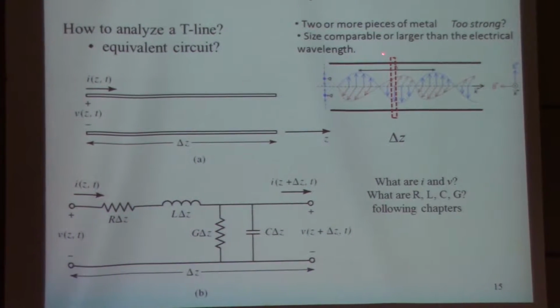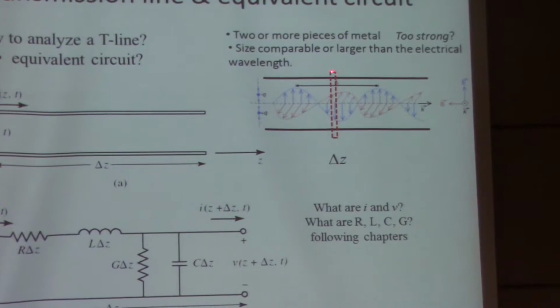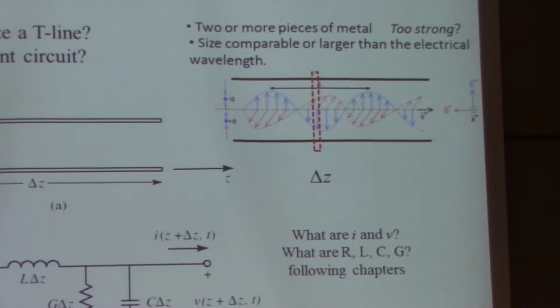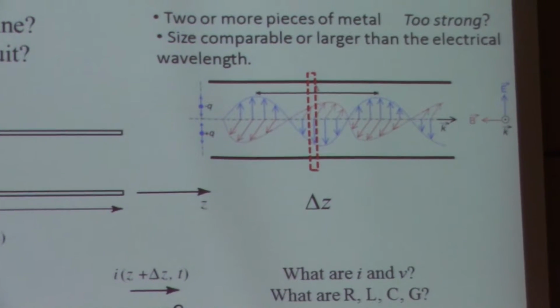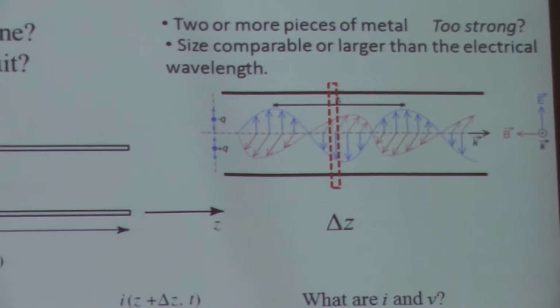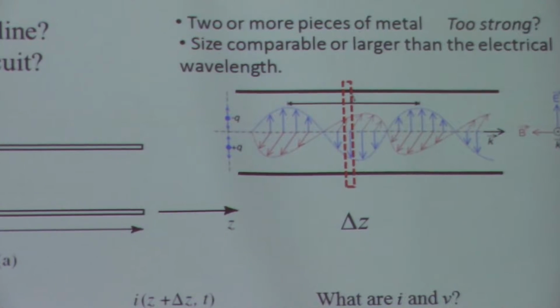Then what you do, you can always put the incremental section, you cut that section of your transmission line, right? If this delta Z is very short, far smaller than your wavelength, then you can actually use your DC circuit concept.